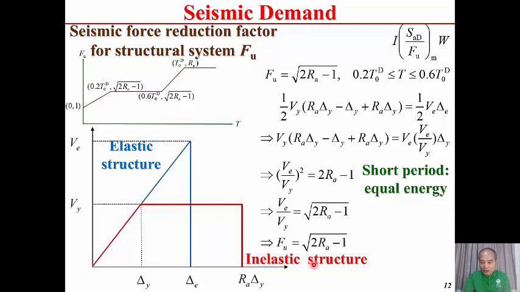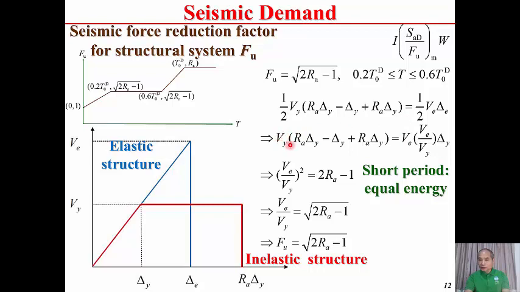For the inelastic structure, the energy possessed is the area of this trapezoid, equal to 1/2 times the height Vy, times the summation of the top base and the bottom base. The top base equals Ra delta Y minus delta Y, that's the length of the top base, and the bottom base equals Ra delta Y. Then the 1/2 and 1/2 cancel out each other.